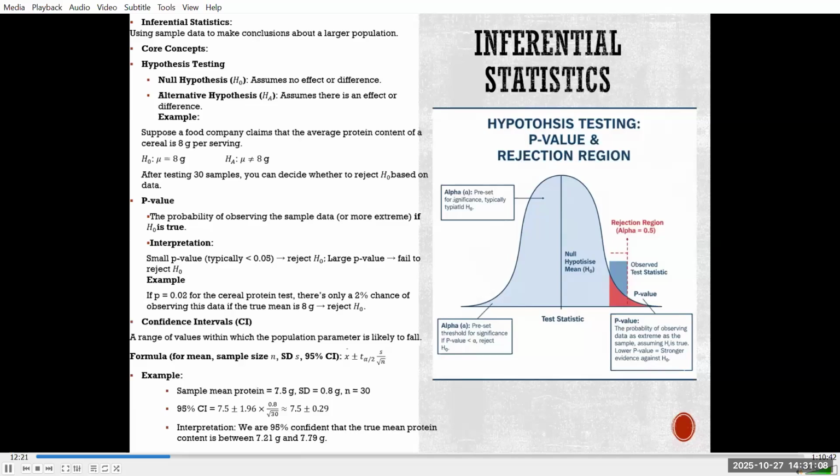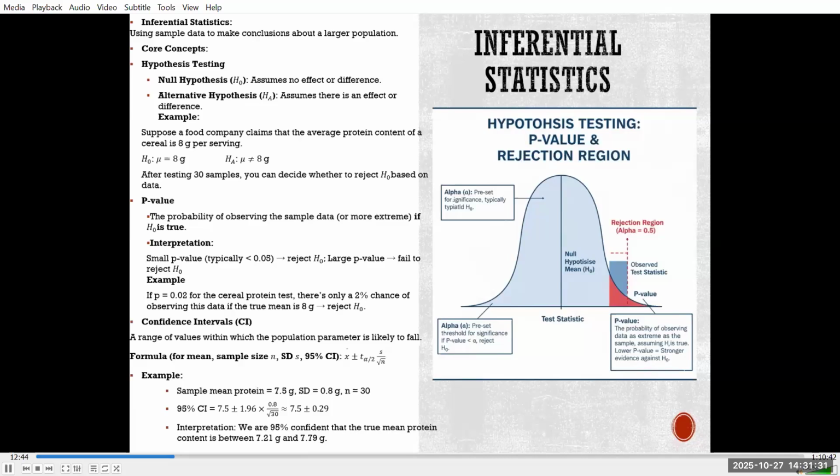This gives us a range of values where we expect the true result to fall. For example, we might say that we are 95% confident that the real protein yield lies within this range to this range, where the p-value will be less than or equal to 0.05.